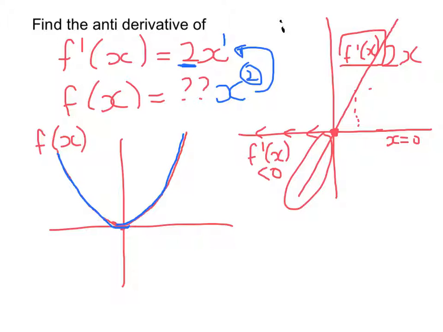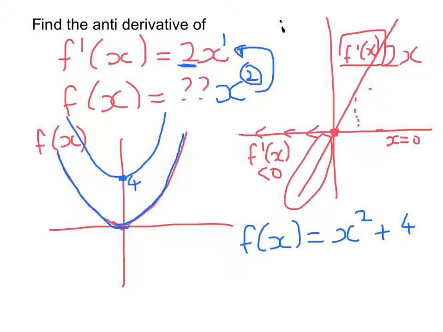Now you can think about what we've done here: when we differentiate, we drop the power by 1. So when I anti-differentiate, I need to be increasing my power and tweaking this number here to make it work. But there's a little problem with that. Suppose I had the same parabola, but I moved it up by 4 units. So here it is here. This should be called maths with bad drawing, but there you go. I know that if I differentiated that function, I would also get 2x.